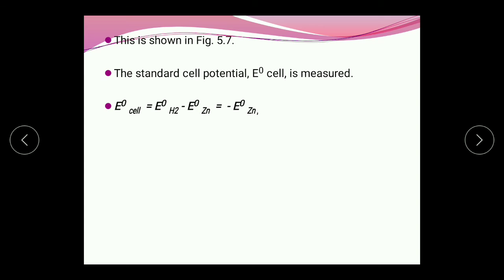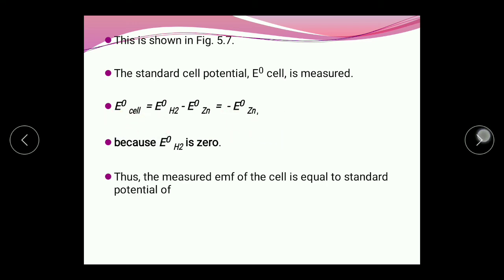Here the cathode is hydrogen, the anode is zinc. Hence E0 cell equals E0 H2 minus E0 Zn. But E0 H2 is 0, hence E0 cell equals minus E0 zinc. That means the measured EMF of the cell is equal to the standard potential of the zinc electrode only, and not the SHE. SHE is 0.